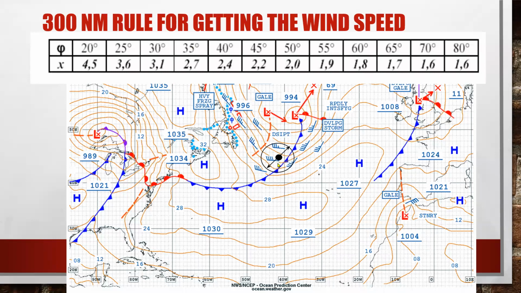So with the divider I have now 300 nautical miles, taking this in. Now I can check. Here we have 1020, and here it's 1004. So we have 16 as the difference.